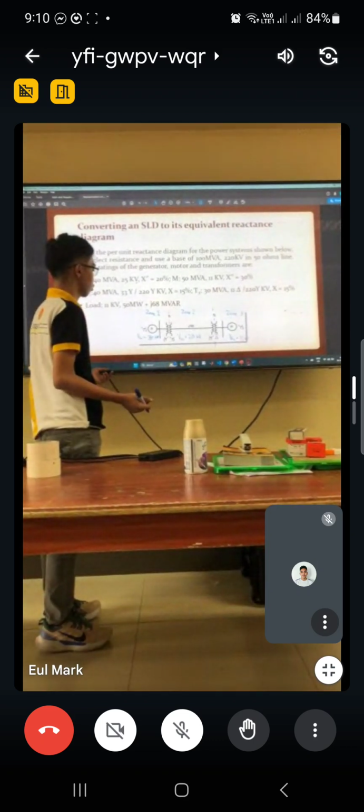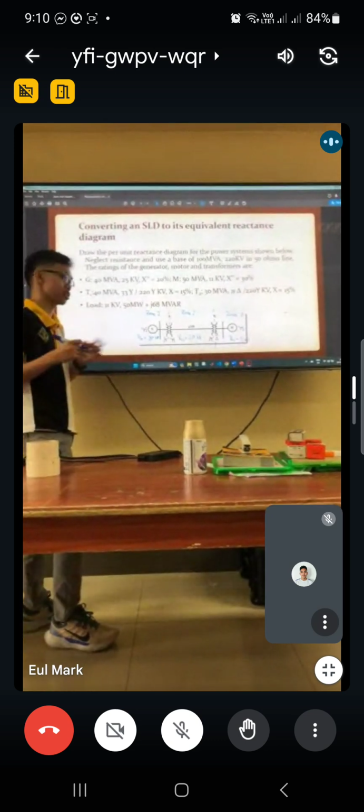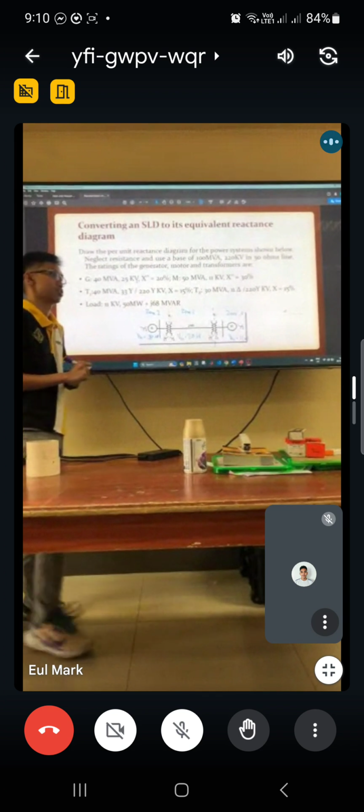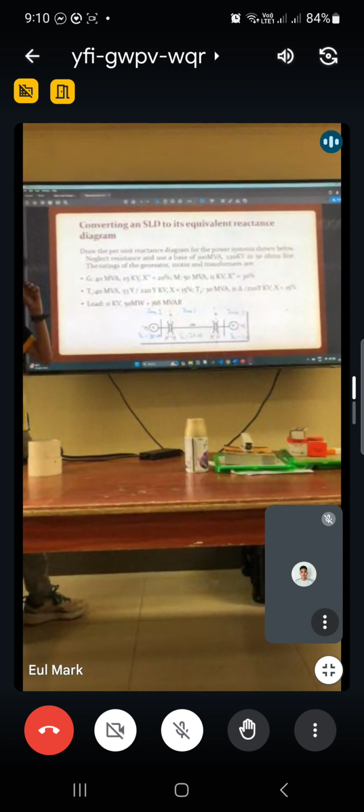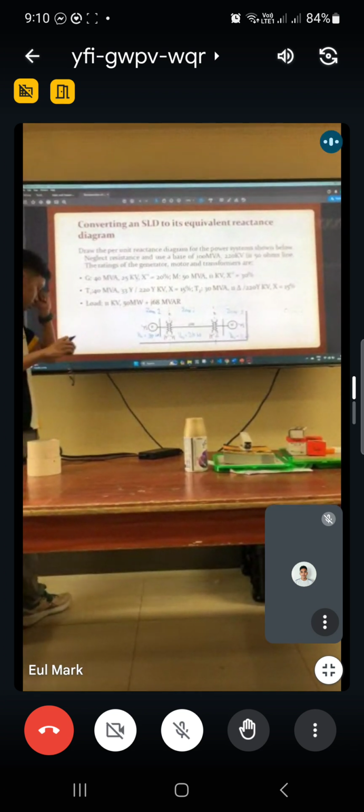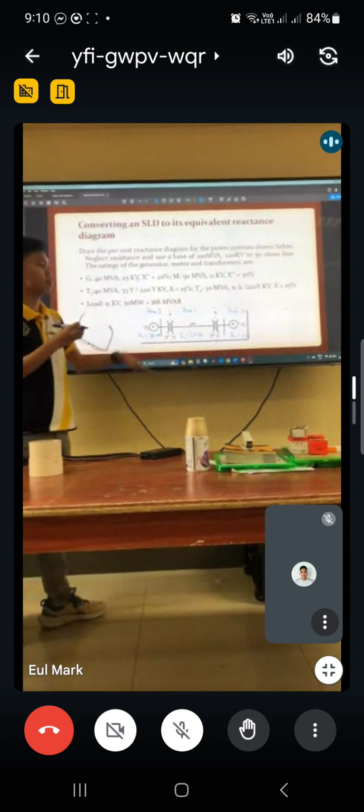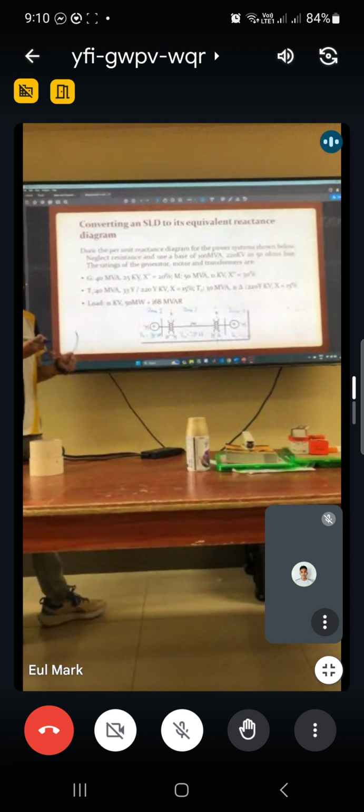The same thing applies: 230 times 33 over 220. Now the base voltages are established.